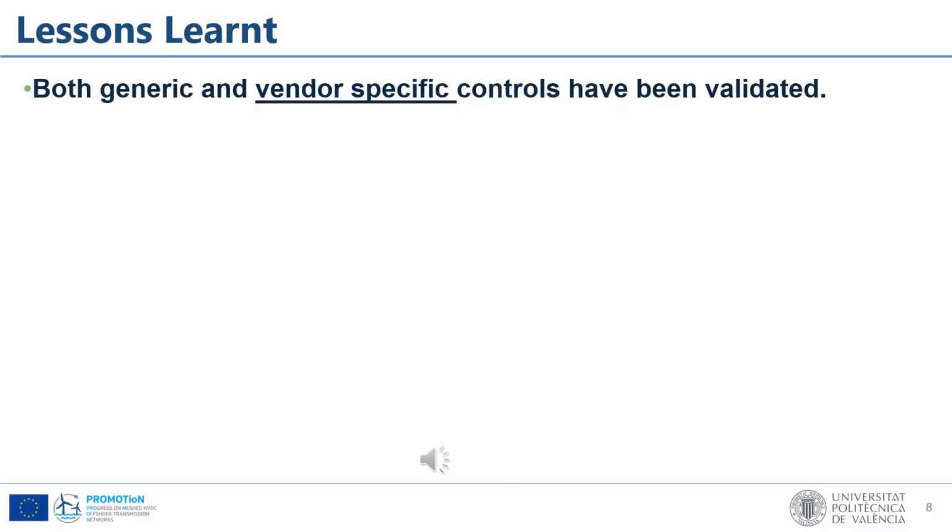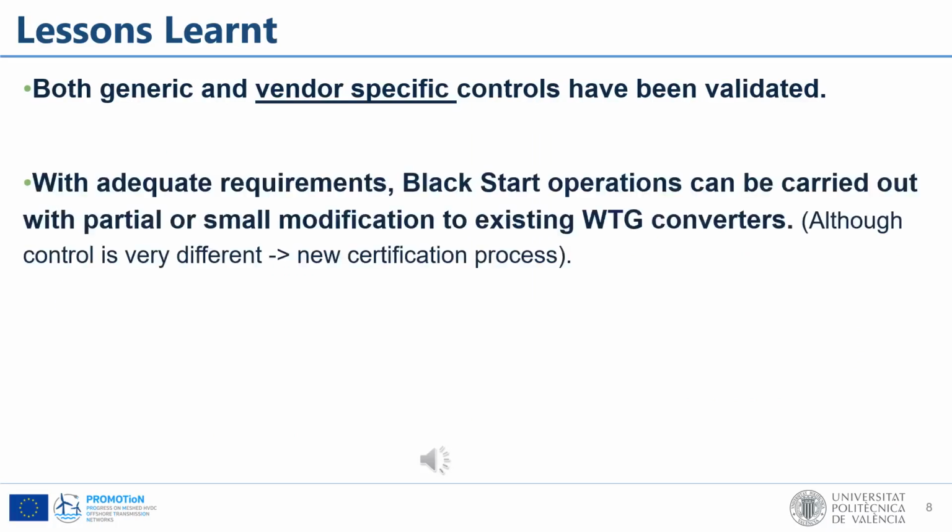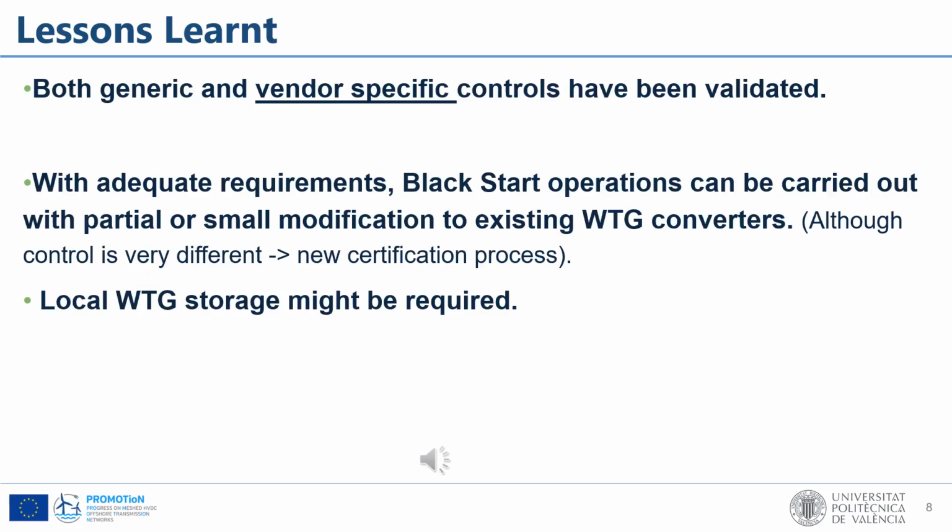We have carried out detailed verification of both generic and vendor-specific controllers, and the main lessons learned are that with the right requirements, black start operations can be carried out with relatively small modifications to existing converters. That's quite important. Even though in some cases we might need some additional storage in some or all of the wind turbines.